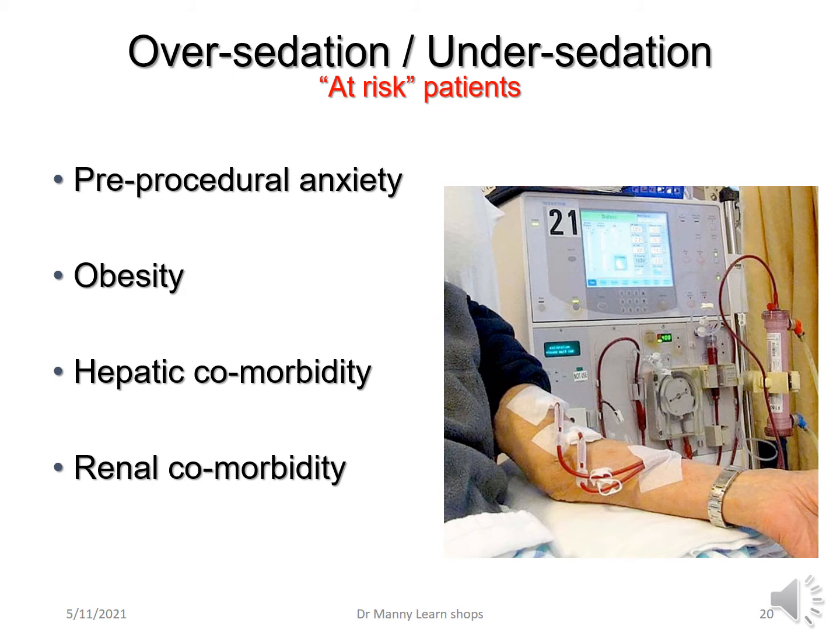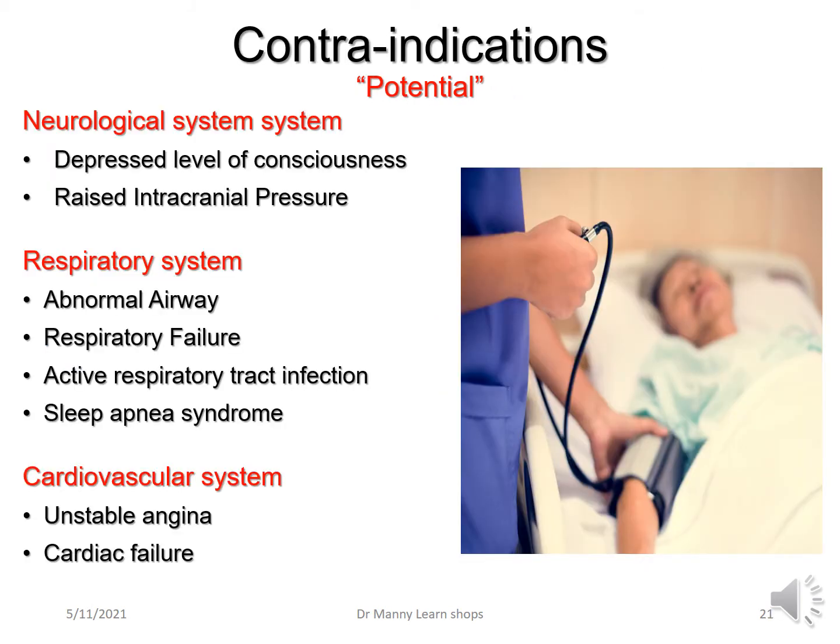What are some of the contraindications? Well, some of the potential contraindications, because remember, contraindications can be absolute, which means you definitely don't do it, or they can be relative, which means it depends on the doctor's decision. So the contraindications are that there's something wrong with the neurological system.